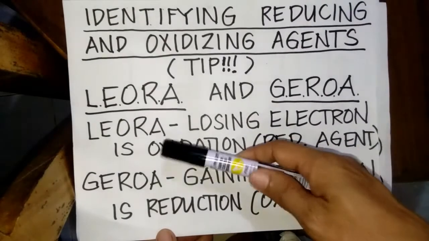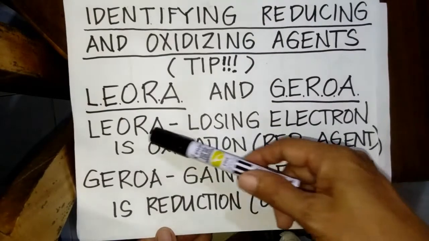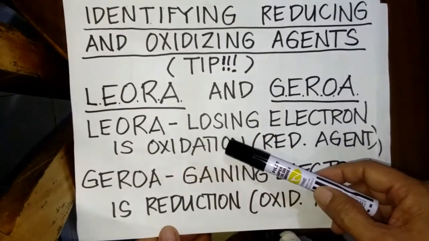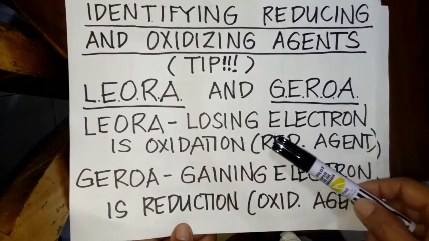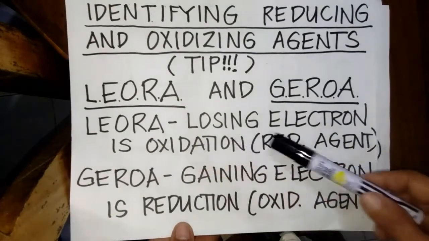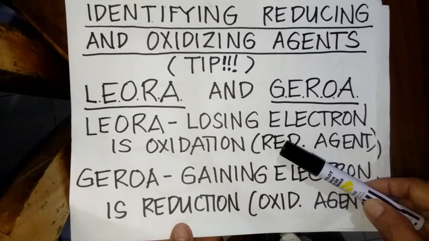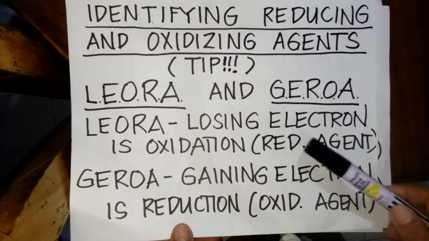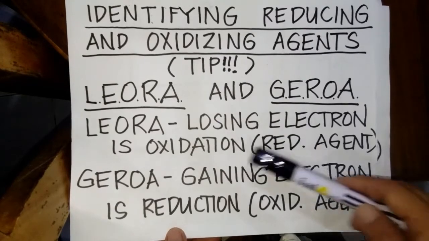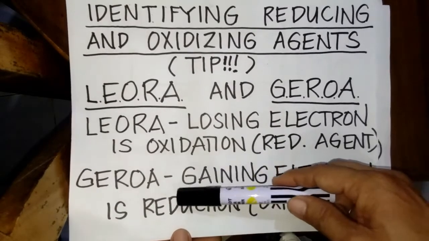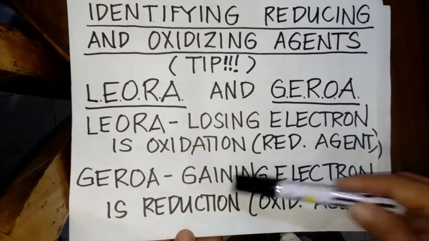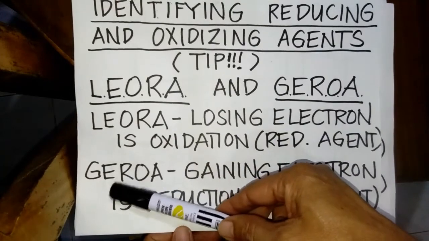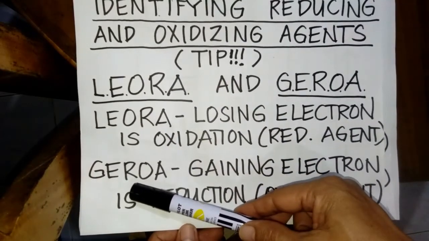LEO means L stands for losing, E electron, O oxidation. So if it is oxidation, the element or the compound in the reactant will be the reducing agent. If the element gains electron, it is called reduction. So gaining electron is reduction.